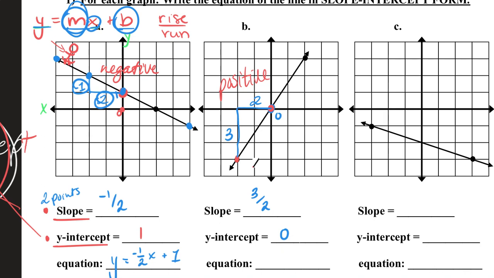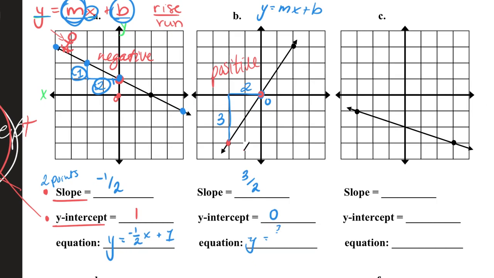Now remember, the layout for this is y equals mx plus b. So we'll keep y equals, well, what's our slope? Well, it is 3 over 2. Then we'll put x. Now, what is our y-intercept? It's plus 0, right? Well, here's the thing. Does putting plus 0 mean anything? It doesn't. So instead of putting plus 0, we're just going to leave that part blank.